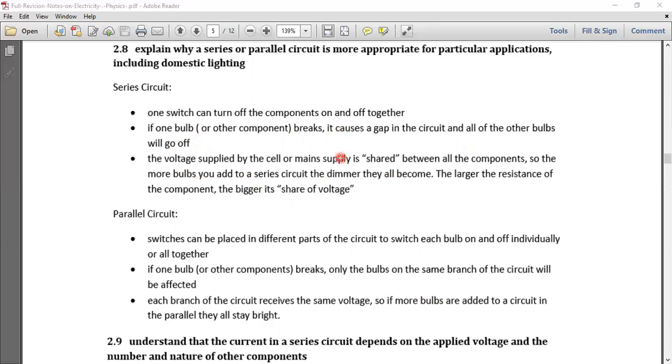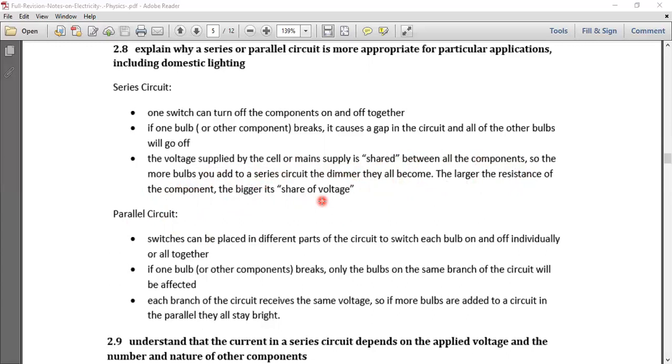One thing you must keep in mind is that the main voltage supply is shared between the components, and the more bulbs you add to the series, the dimmer they all become. The larger the resistance of the component, the bigger its share of the voltage.